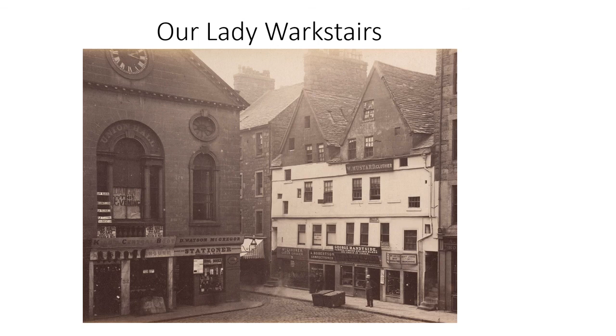It probably dates from around the 16th century. But its demolition was actually celebrated. Dundee shouldn't be looking back, the argument went. Dundee should be looking forward, and we need to widen the Nethergate, so this has got to go. So poor Our Lady Workstairs went in 1879, a year or two after the Trades Hall and Union Hall.